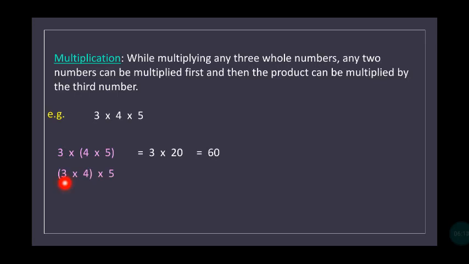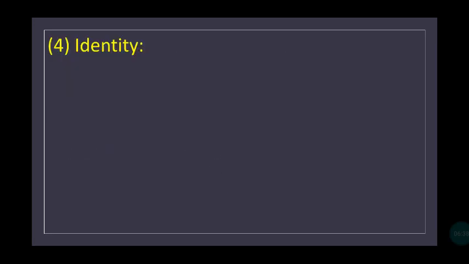First we are multiplying 3 and 4, then 5 to it. Now 3 4s are 12. 12 multiplied by 5, and 12 5s are again 60. So the answer is the same. So this is the associative property of multiplication, right?